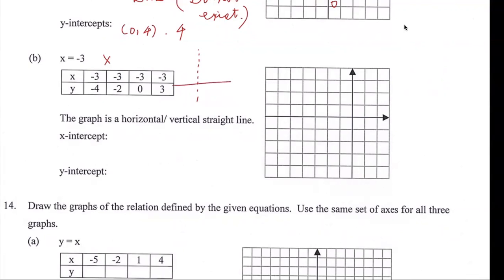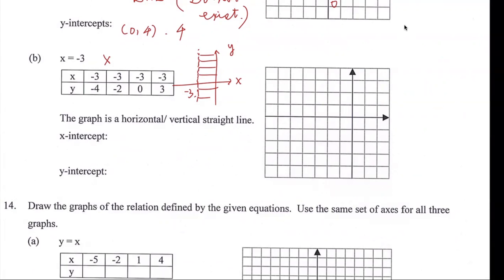Right, this is x and this is y. They have different y values. If you try to picture this straight line in your head, you will realize that when we have a constant x value, the straight line must be a vertical straight line.